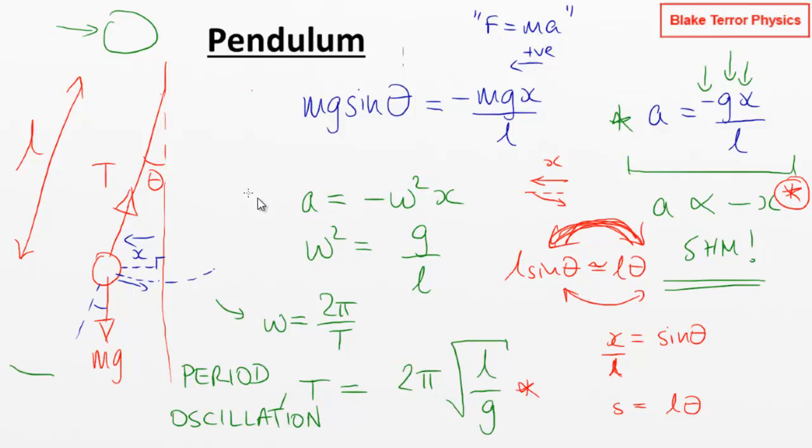How much leeway are you willing to accept? If you accept a 1% error, you might get up to 5 degrees, you might be able to push things up to say 8 degrees, because it's a pretty slow change at small angles between sine theta and theta.